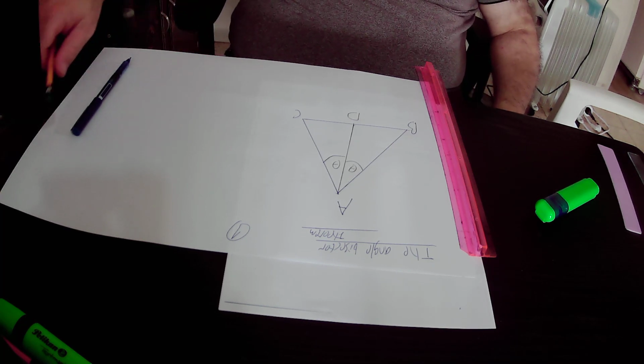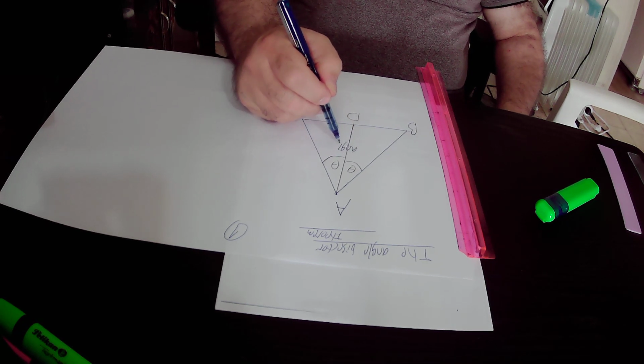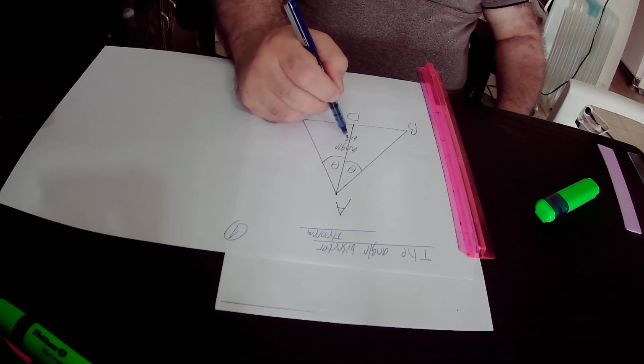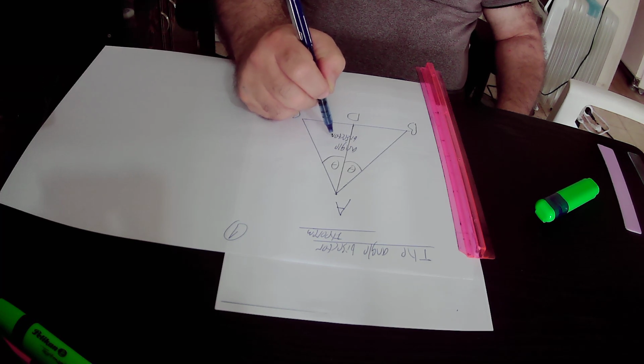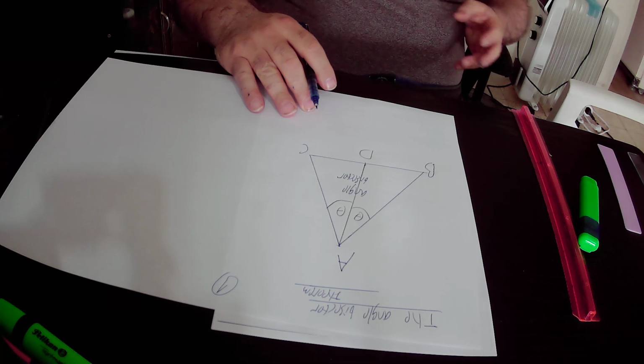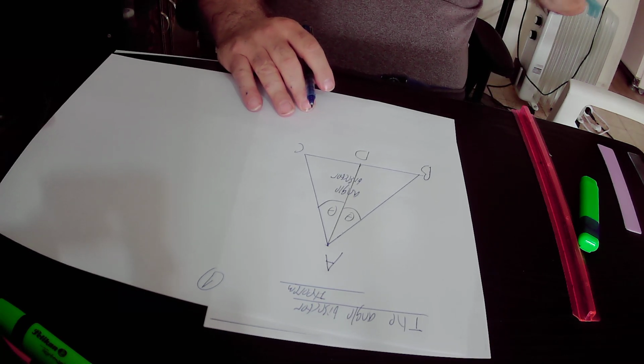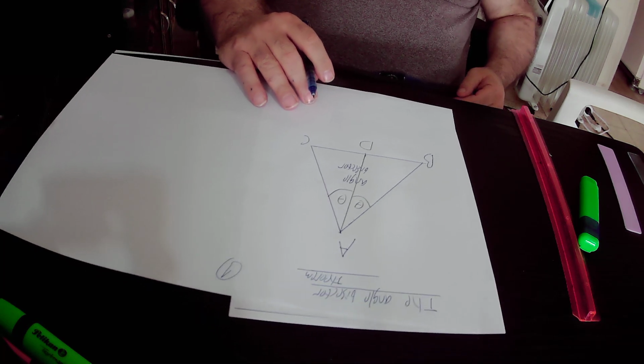So whenever we have the angle bisector in any triangle, then we can implement the angle bisector theorem.